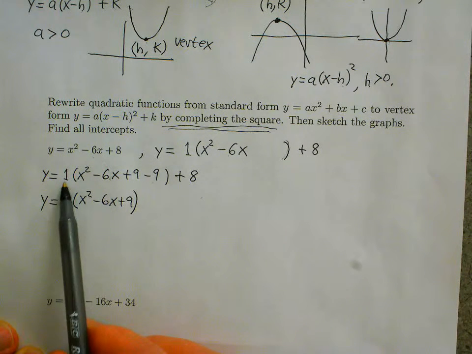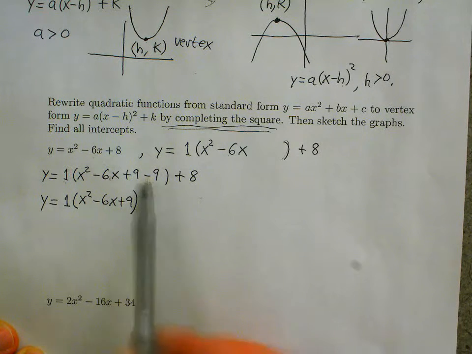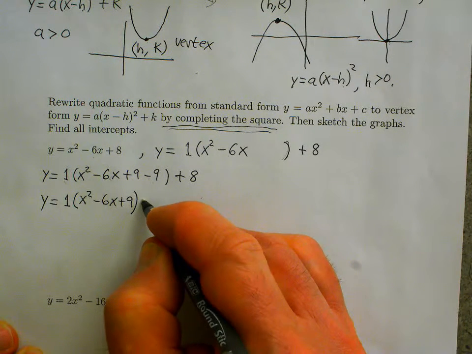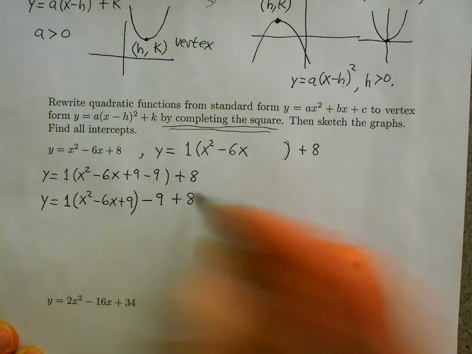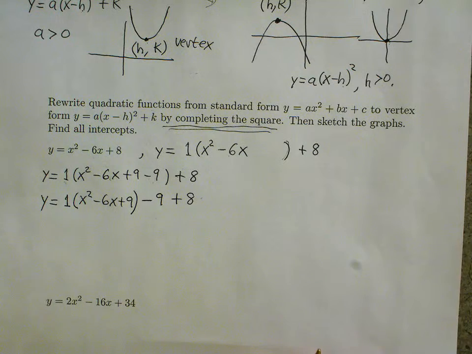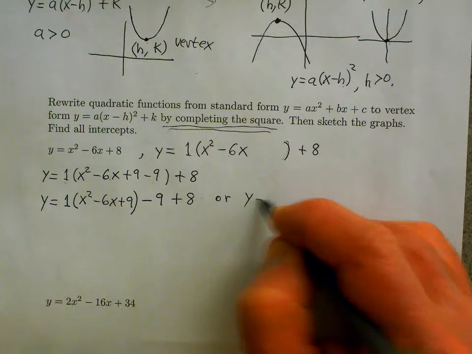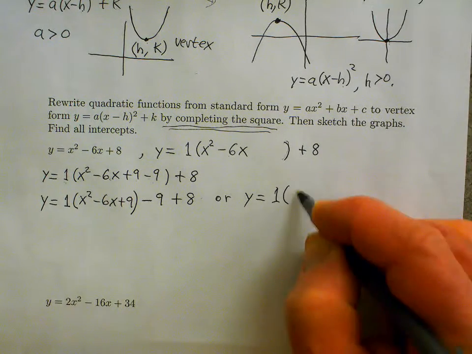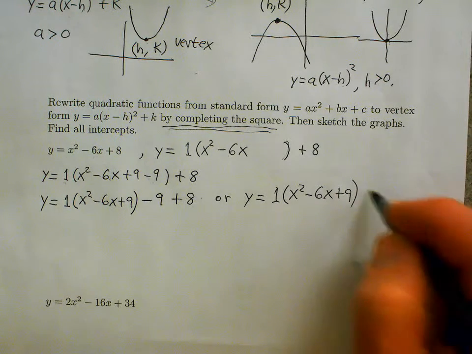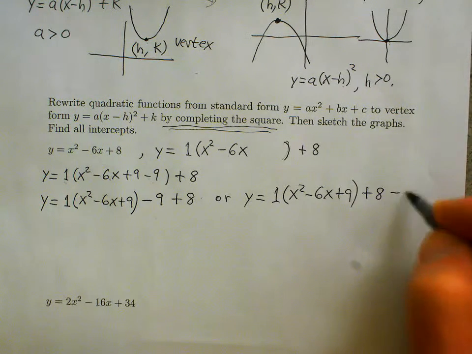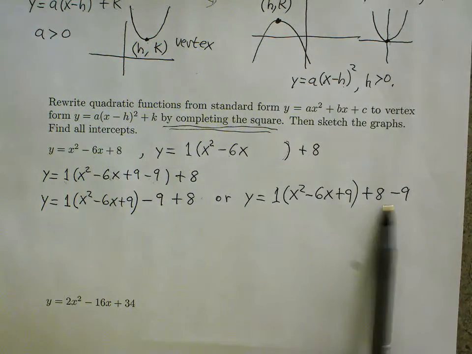But then we apply the distributive property to the 4th term. 1 times negative 9 is negative 9. So on the outside, we write minus 9 together with the plus 8 that's already on the outside. Or if it's easier for you, we can put the plus 8 first and then the minus 9 afterwards. Either way is okay. You just need to make sure that you're careful with the arithmetic.